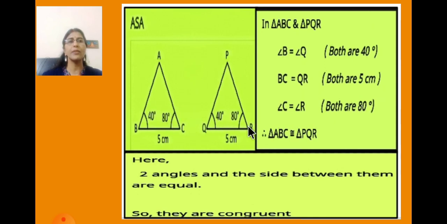Angle C is equal to angle R. Both are 80 degree. So you can see here these are the 2 angles and the side is in between. So therefore triangle ABC is congruent to triangle PQR by ASA congruence rule. Because here 2 angles and the side between them are equal. So these 2 triangles are congruent.